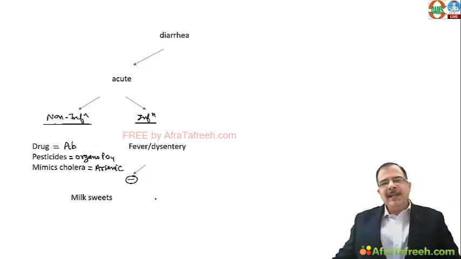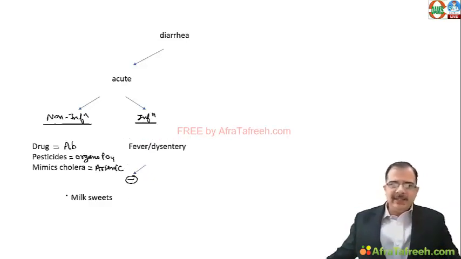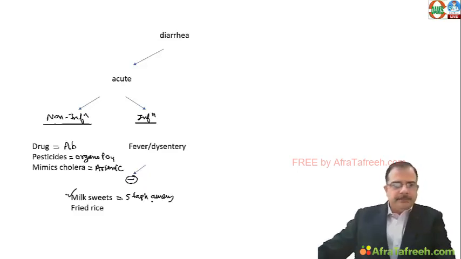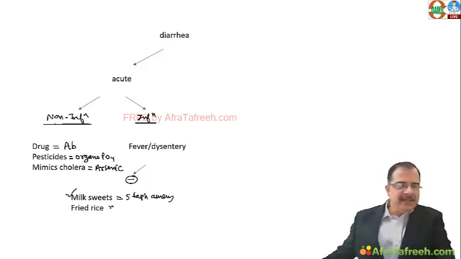And a history of milk sweets intake is given. Indeed, this is a NEET 2021 question also. Milk sweets like pastries, and the patient develops diarrhea. This is most likely because of Staph aureus. Fried rice is Bacillus cereus.